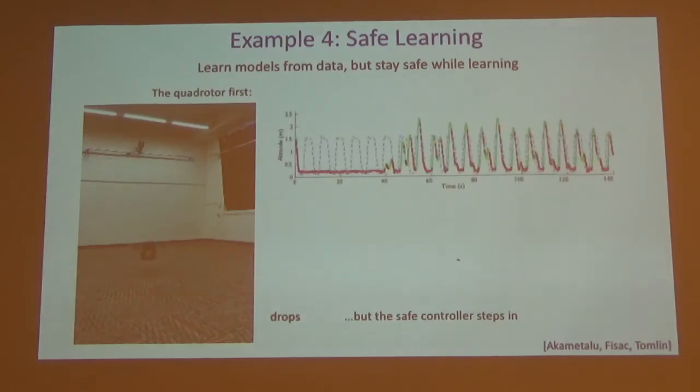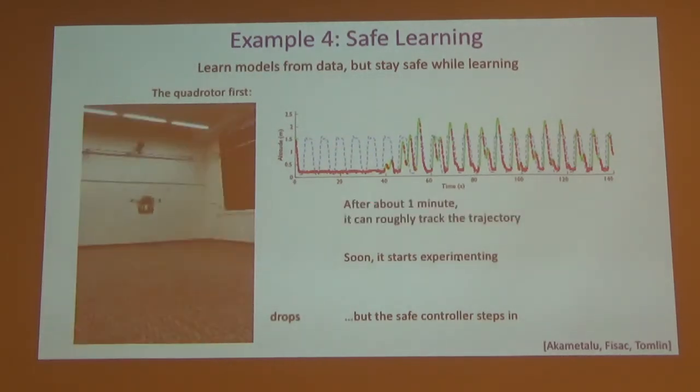The model is not sufficient to control the system, but we use this nominal model along with reachability to plan a safe region for the quadrotor, which kicks in as soon as the quadrotor is about to hit the floor and actually stops it from hitting the floor. And then the quadrotor explores in this safe region and collects more and more data. As it collects more data, it is able to learn a better model of itself and is finally able to track the trajectory, which in this case is shown by this green-red curve, and the blue is the desired trajectory that we want to track.